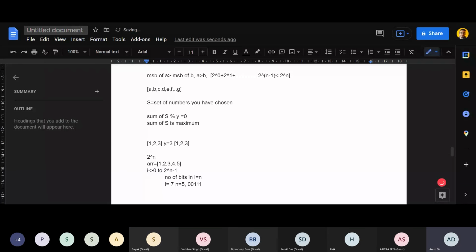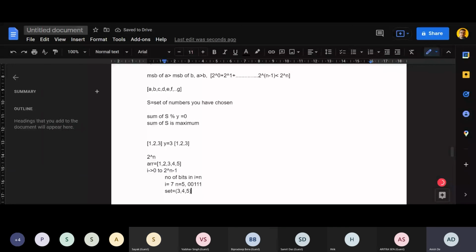Since I has a 0 in the first index, we don't include 1. Since I has a 0 in the second index, we don't include 2. Since there is a set bit in the third position, we take 3. Then again we have a set bit, so we take 4, and then again a set bit, so we take 5. So for I equal to 7, our set will be 3, 4, 5.